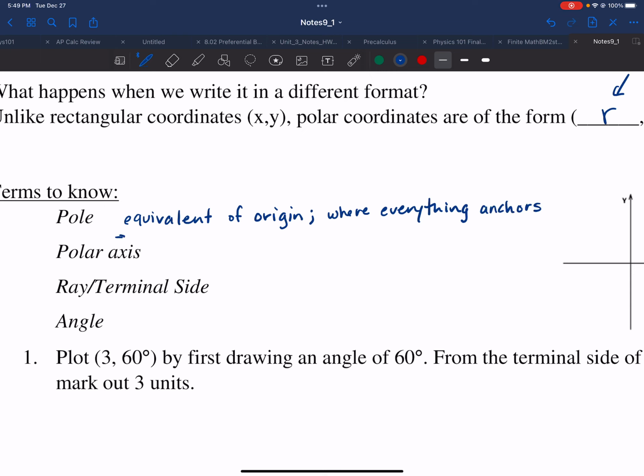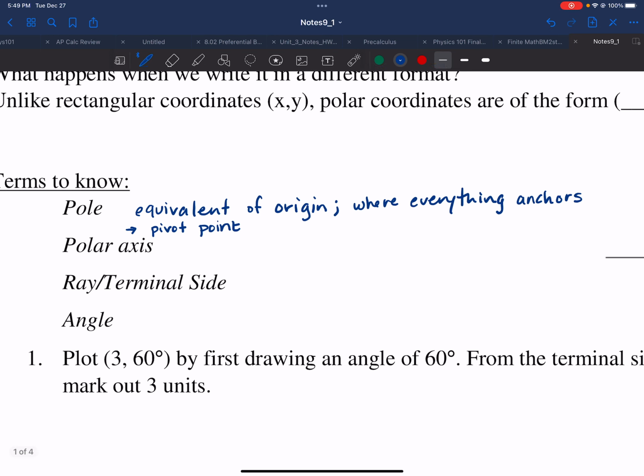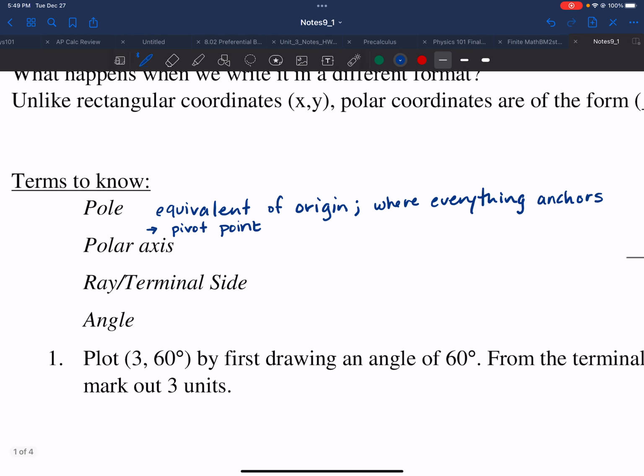We could also call it a pivot point. Once you get into physics and you start looking at rotational motion, you'll talk about torque, which is the rotational force needed to cause something to go into rotation. So that's really what our pole is.